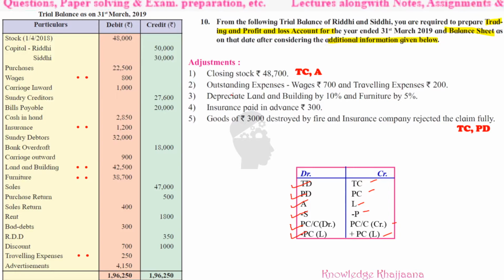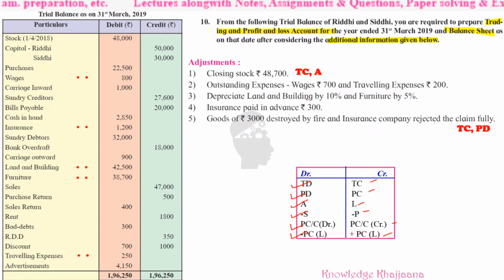Then outstanding expenses, wages rupees 700 and traveling expenses rupees 200. Now see, these are the outstanding expenses, meaning the expenses on account of wages which were not paid till the end of the financial year. So they should be paid. Where should it be recorded? They should be added to the wages, and where are wages recorded?